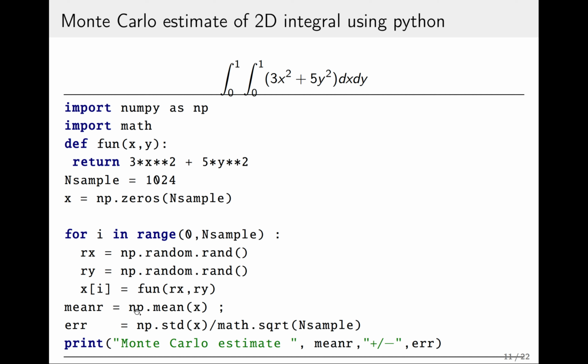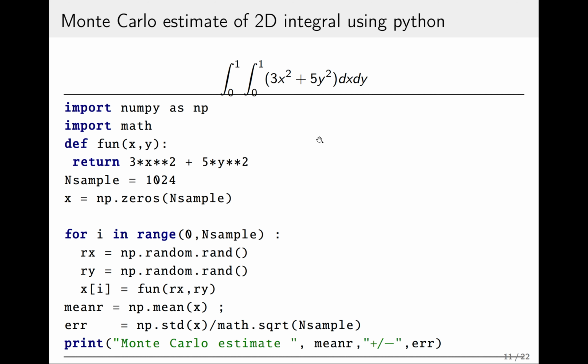Then to compute the estimate of the integral, we take the mean, and the error is the standard deviation divided by the square root of the number of samples. So this is like the error on the mean. This gives us the Monte Carlo estimate, and then we get an error.